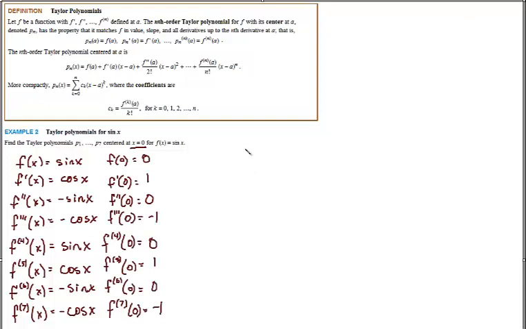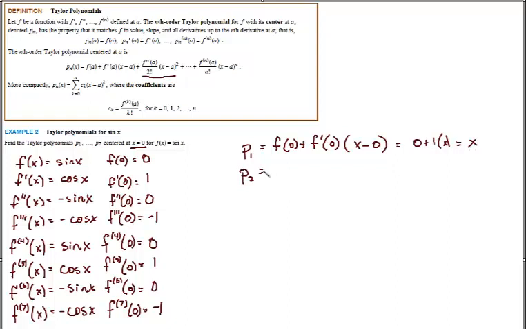We're going to start here and find P1. And P1 is going to be f of 0 plus f prime at 0 times this x minus 0. So for this one, I am going to get 0 plus 1 times x, and that is going to be equal to x.